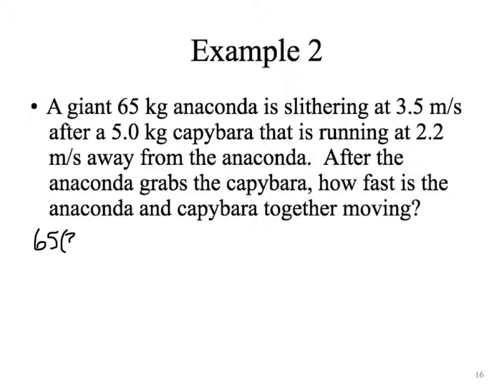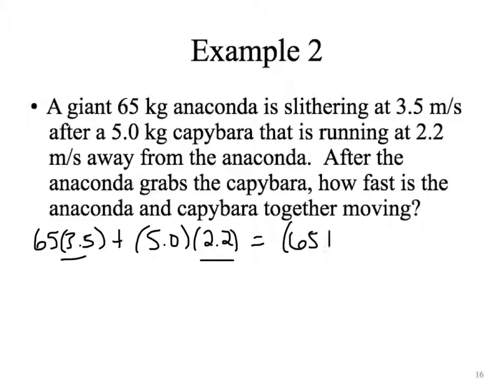Okay, two objects can be moving. So let's say that we have a giant snake going to the right at 3.5, and we have a little capybara trying to get away from him, running at 2.2. So they're both running to the right. Watch those signs. But unfortunately, the snake grabs him, and the question is, the instant after, how fast are they going together?